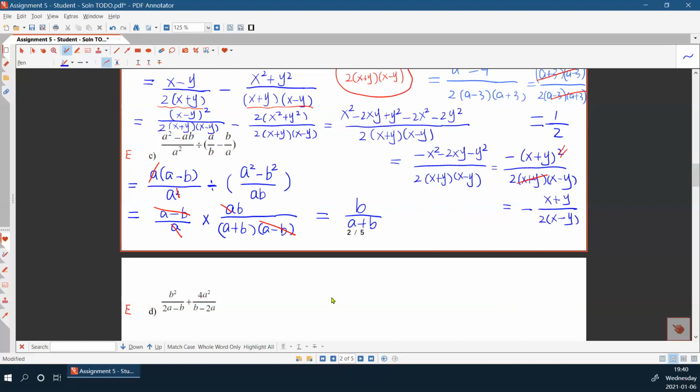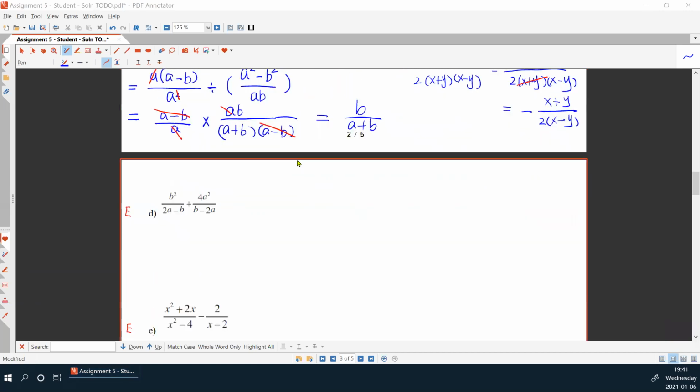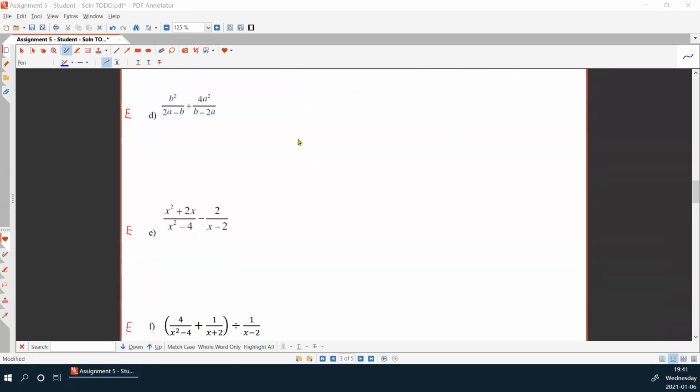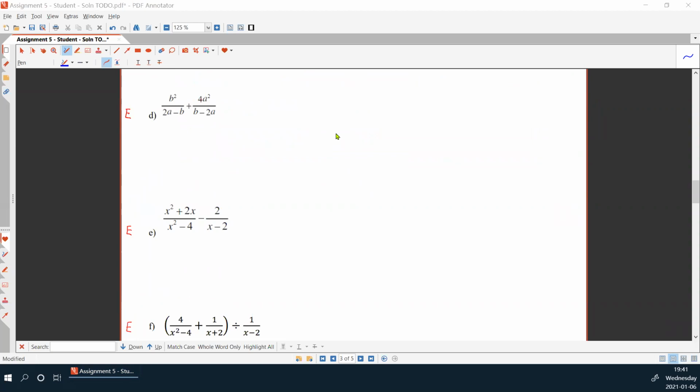Understand? Okay. And again, put this question in your error book and analyze the reason why you made a mistake and state the lessons you learned here. It helps you to improve.